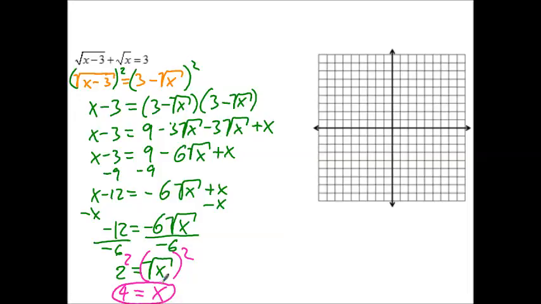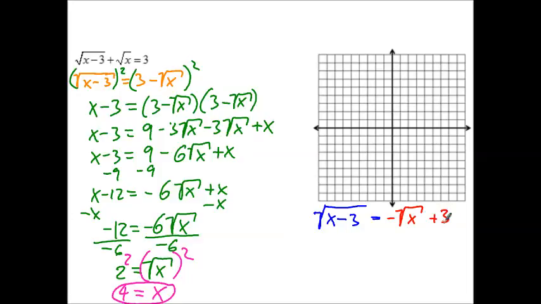Now let's go ahead and graph these two equations. In order to do that, I'm going to rewrite it slightly. The square root of x minus 3 is equal to the negative square root of x plus 3.